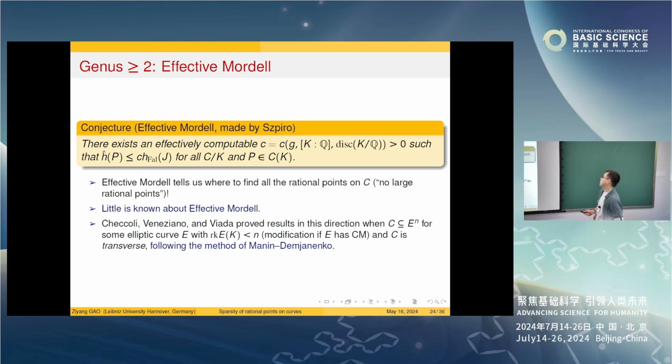It says that there exists an effectively computable constant depending only on the genus and the number field, such that all rational points are small points. And by effectively computable, depending on the number field, I mean it depends on the two simplest invariants of the number field, the degree and the discriminant. So effective Mordell tells us where to find those rational points. There are no large rational points.